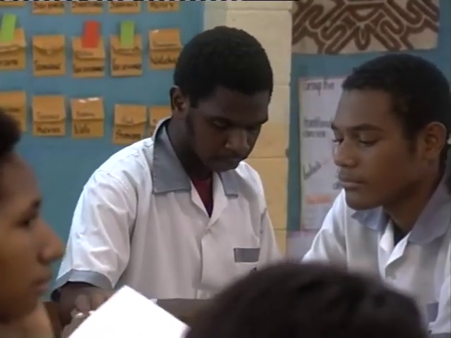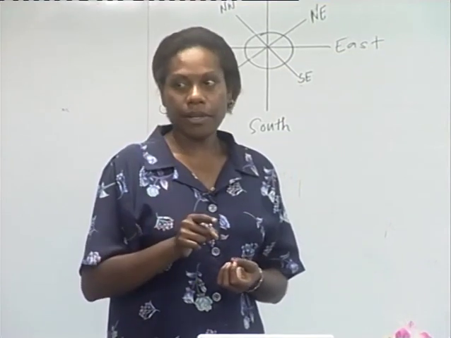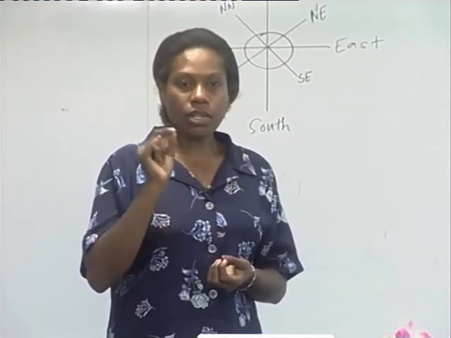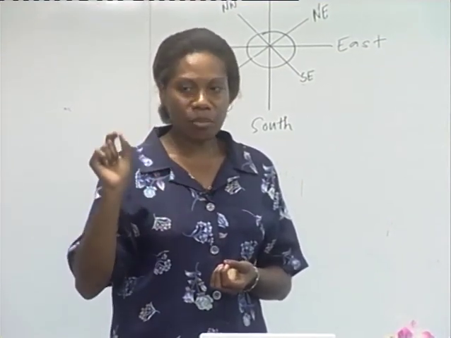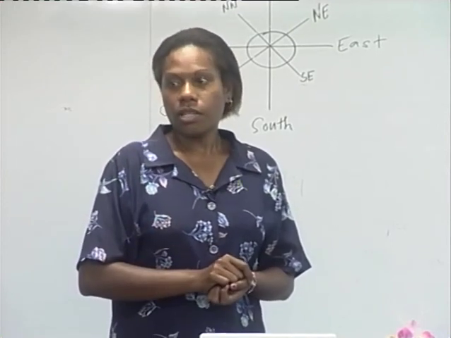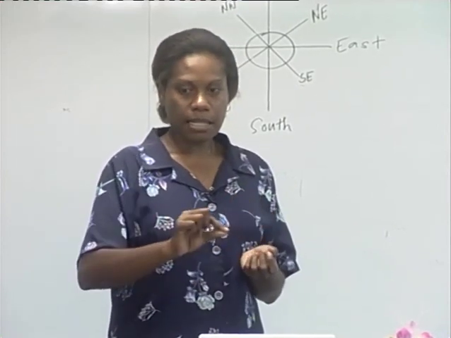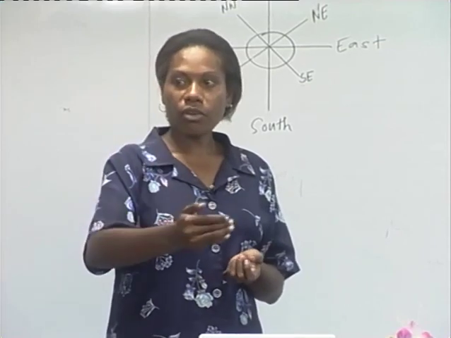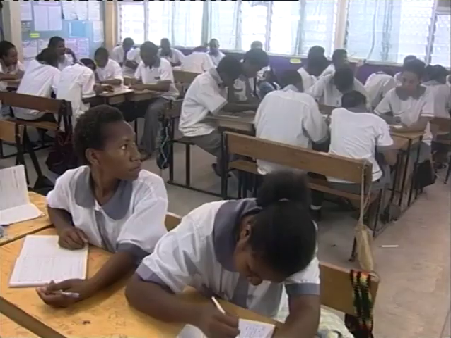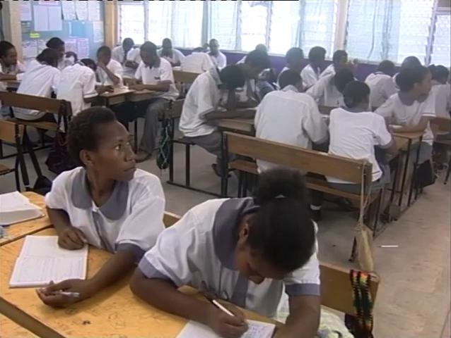Okay, very good. So you heard that 1 centimeter on the map represents 35 kilometers on the ground.